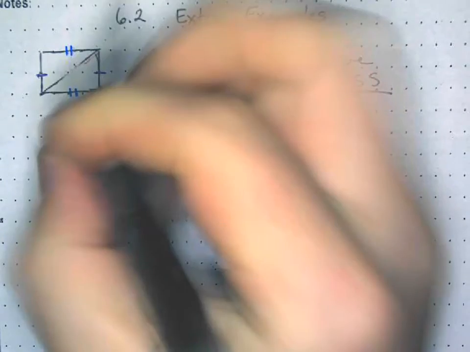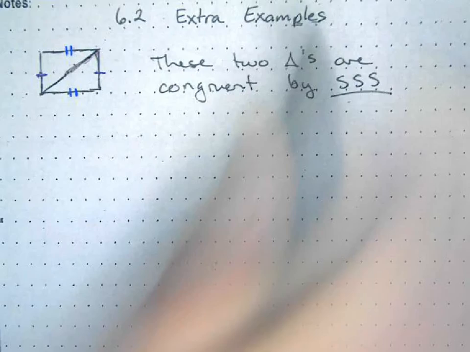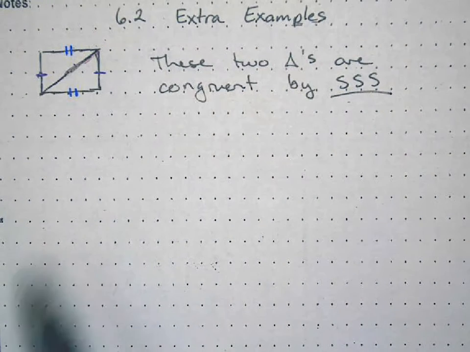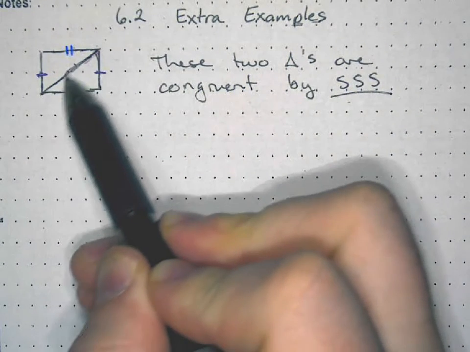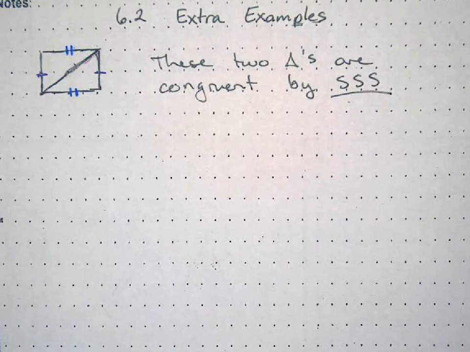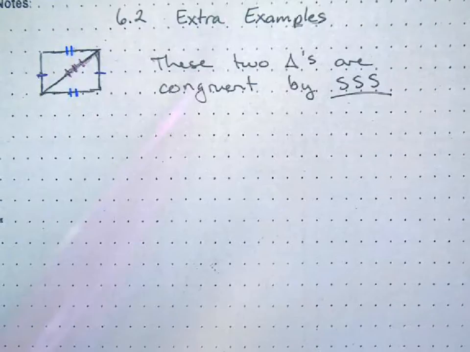Just want to make sure we understood that. This is how the problem was given. And then I have to realize, oh, my third pair of congruent sides is right here, that shared side. So that's the piece that I need to identify, and then I can be confident that it's side, side, side.